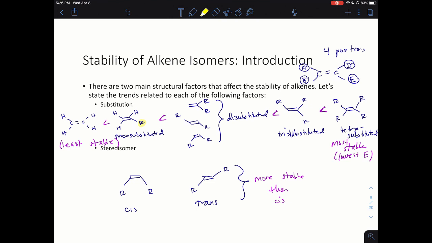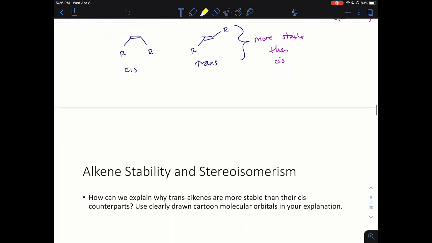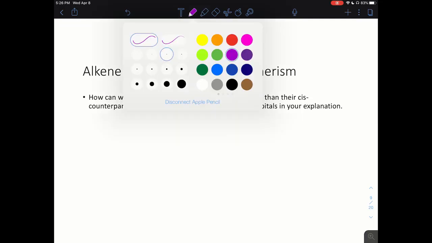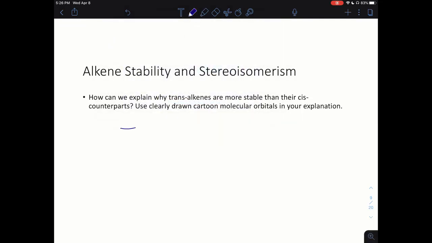So we have two factors that are going to affect alkene stability: substitution and then which stereoisomer you have. Now that we can state those trends, we want to understand them. So we want to understand why the trans alkenes are more stable than the cis.